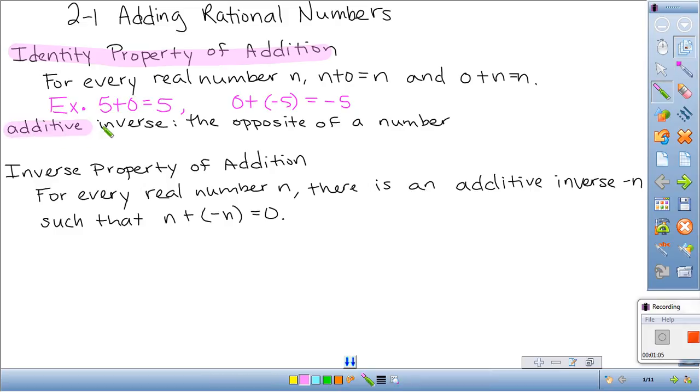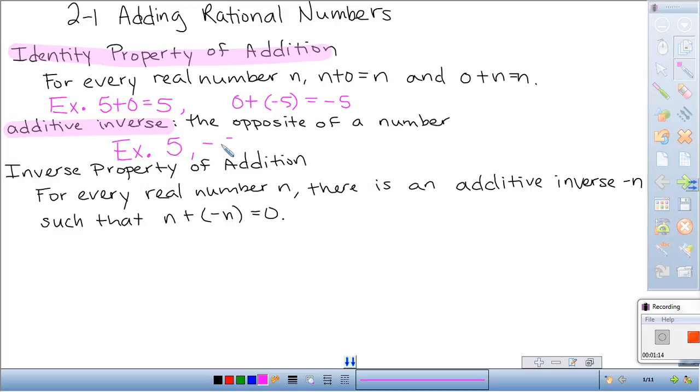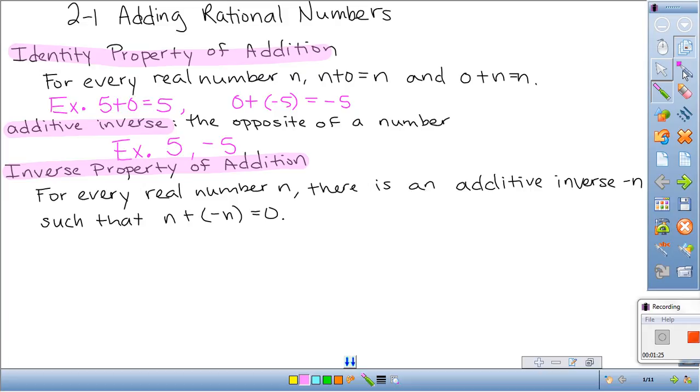The additive inverse is the opposite of a number. So, for example, 5 and negative 5 are the additive inverses of each other. They're the opposites of each other. And we need to know that for this next property, the inverse property of addition.